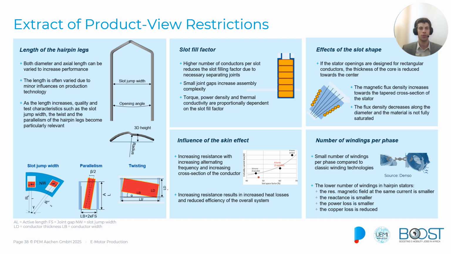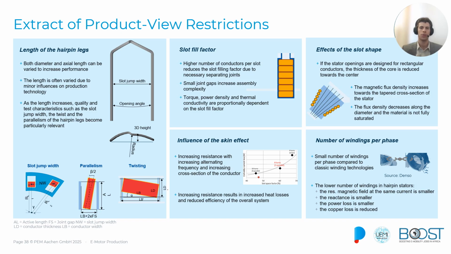We also see some troubles with the skin effect, which is a phenomenon where at high frequencies, electric current tends to flow more on the surface of a conductor rather than through its entire cross-section.